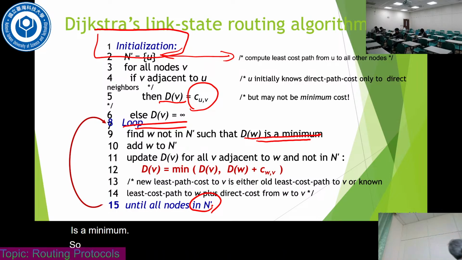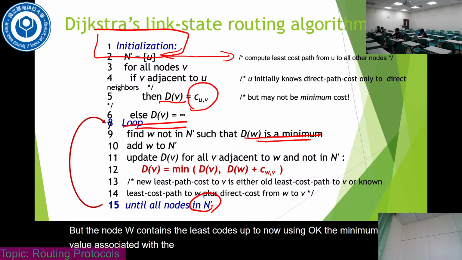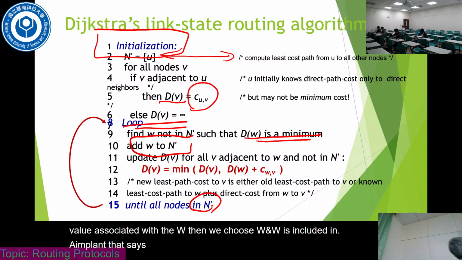We may have many candidates, but we choose the node w with the least cost up to now, the minimum value. Then w is included in N prime, that is, we add w to the set N prime.